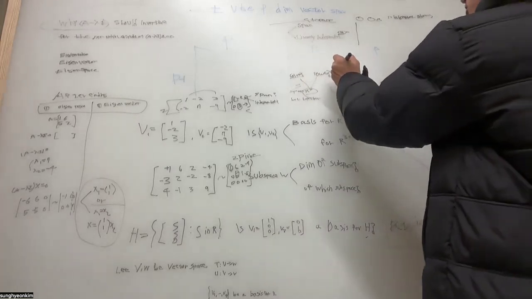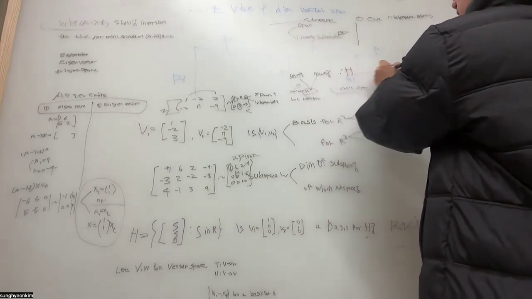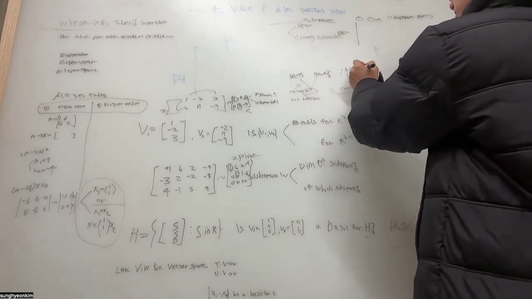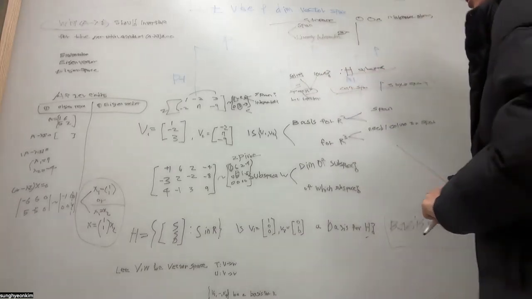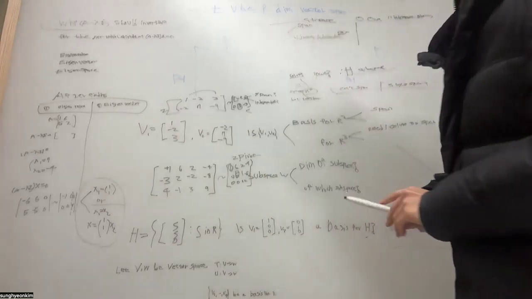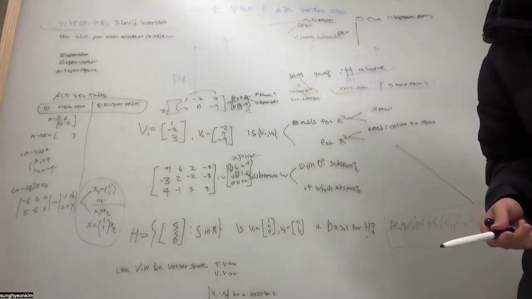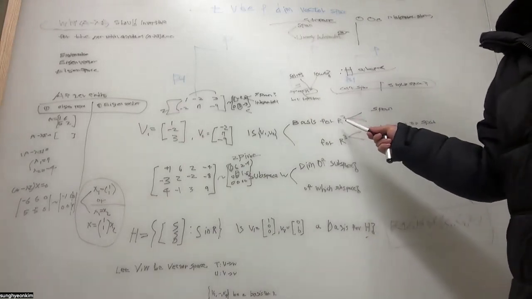A more generalized version would be, is it a basis for subspaces? And the next question is, we have 3 columns and 3 rows here. In this case, is it a basis for R2?